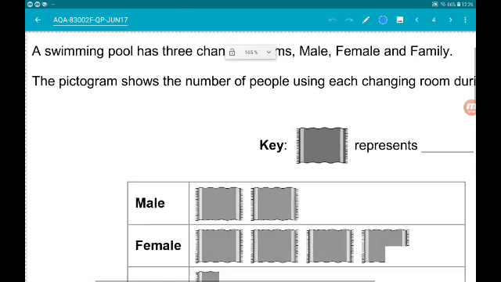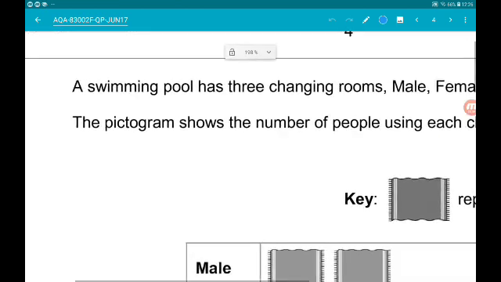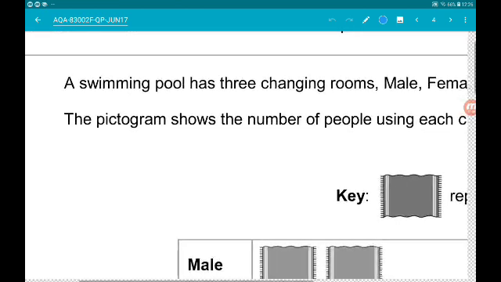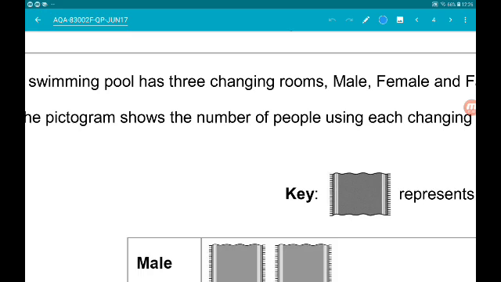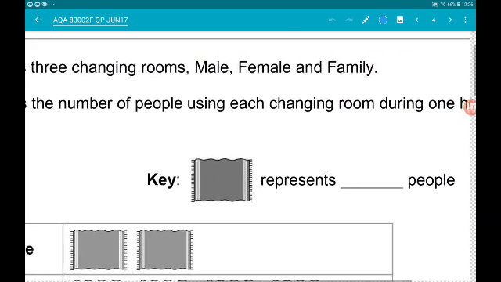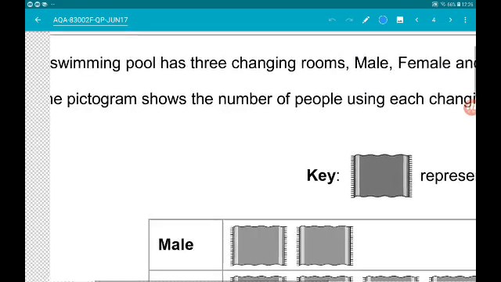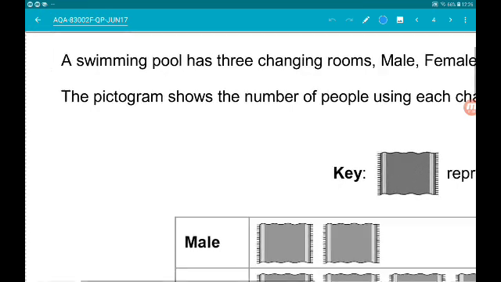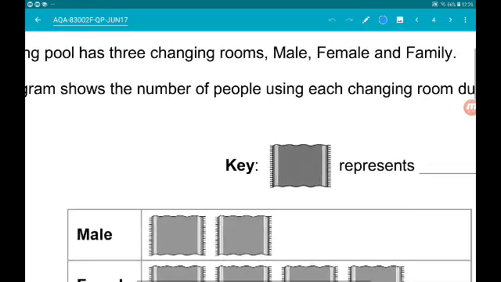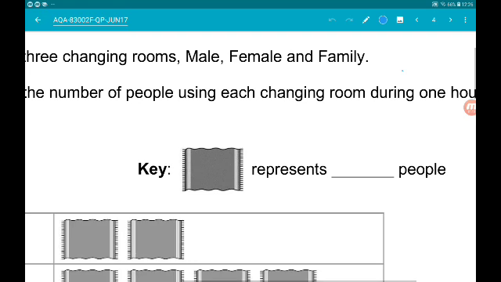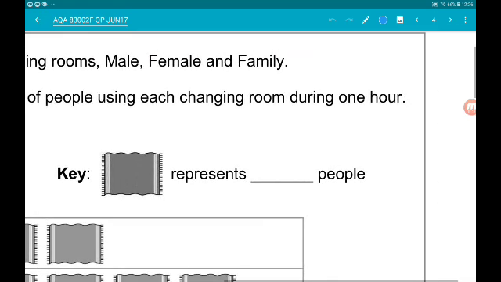Question 6 says, a swimming pool has 3 changing rooms, male, female, and family. The pictogram shows the number of people using each changing room during 1 hour.